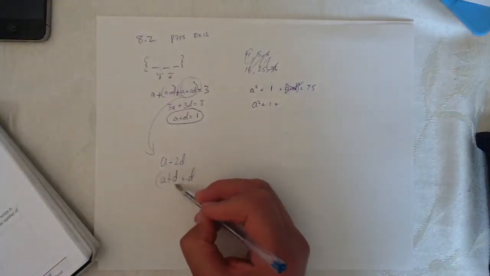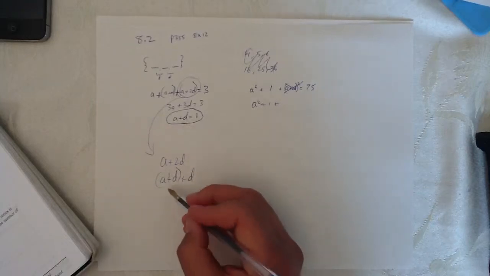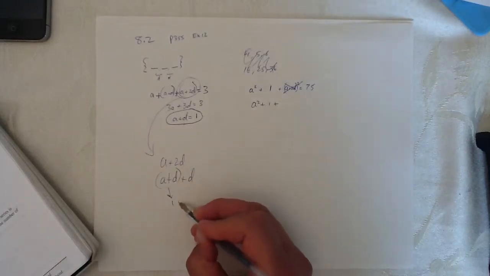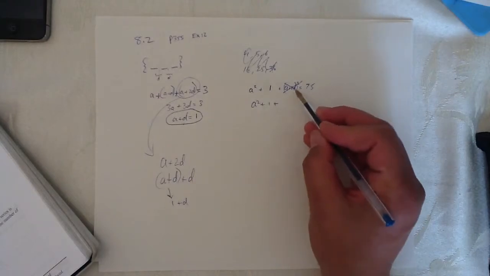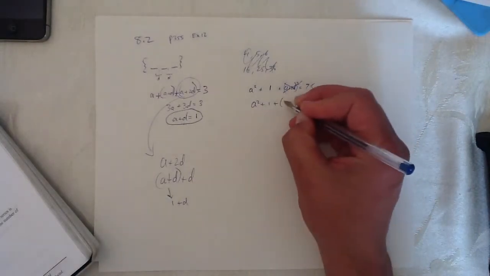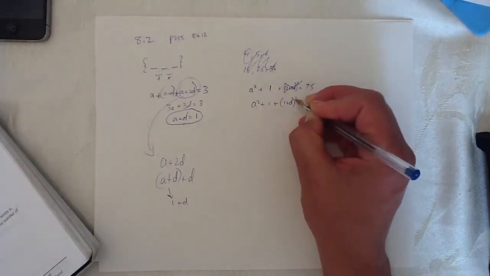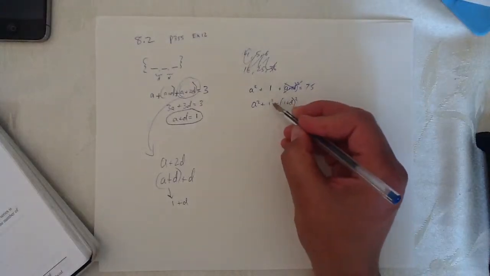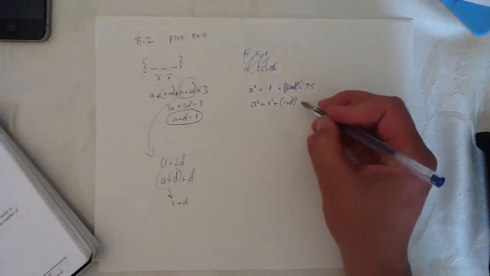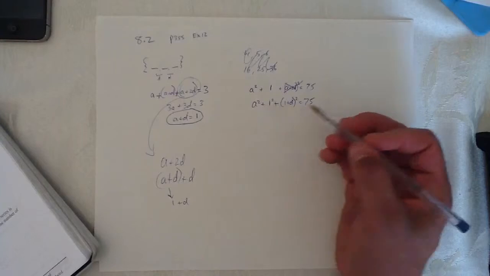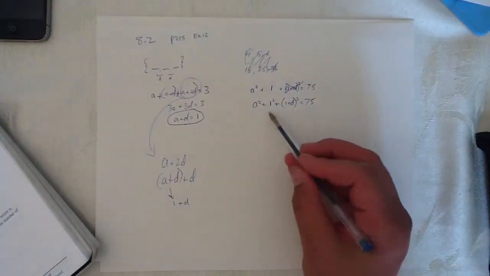Now we already know that a plus d is 1. So 1 plus d, that's what our third number is here. That's 1 plus d squared. That equals 75. Now 1 squared, of course, is 1, but now this is dramatically simplified.